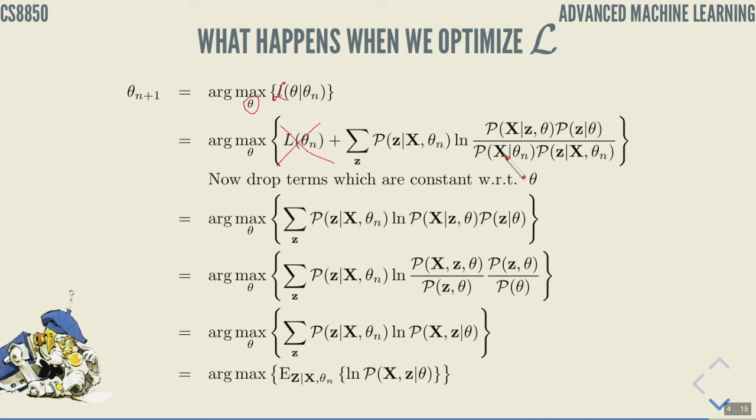Note that this log is just the top minus the bottom, and the denominator goes into minus log, but it doesn't affect the maximization.